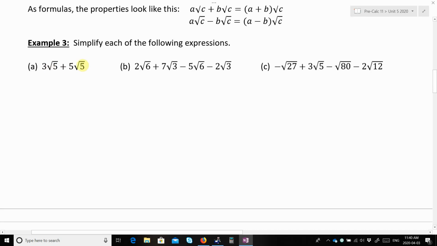If I have 3 root 5's and I add 5 root 5's, my answer is 8 root 5's. You add the numbers out front. It's kind of like having 3x plus 5x equals 8x. It's similar to that.